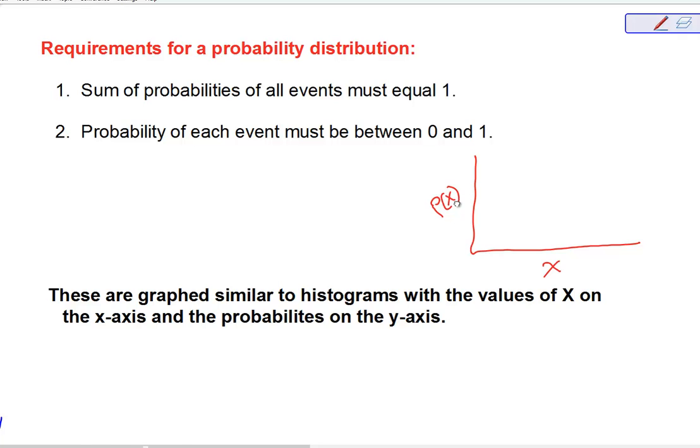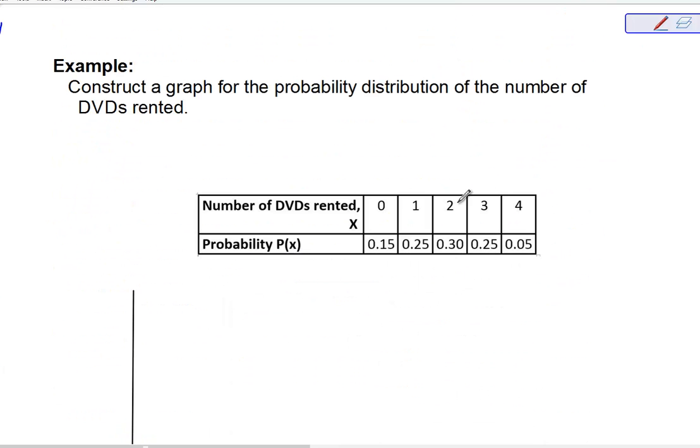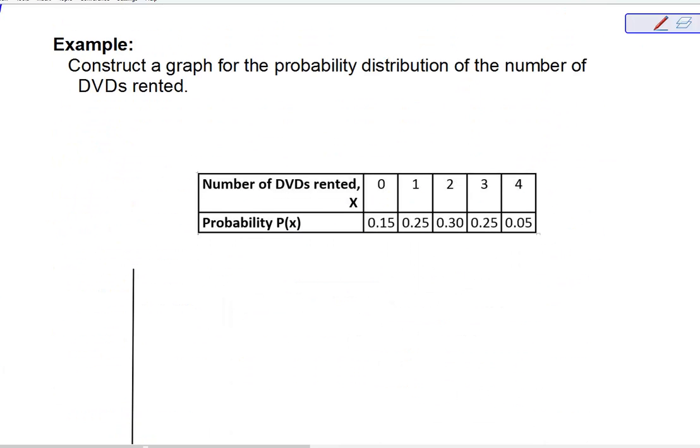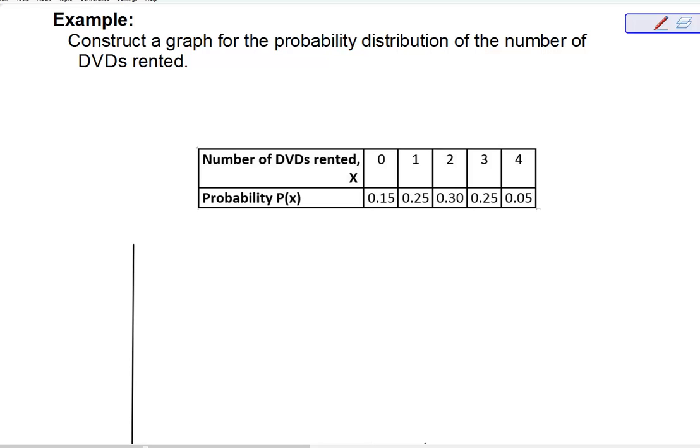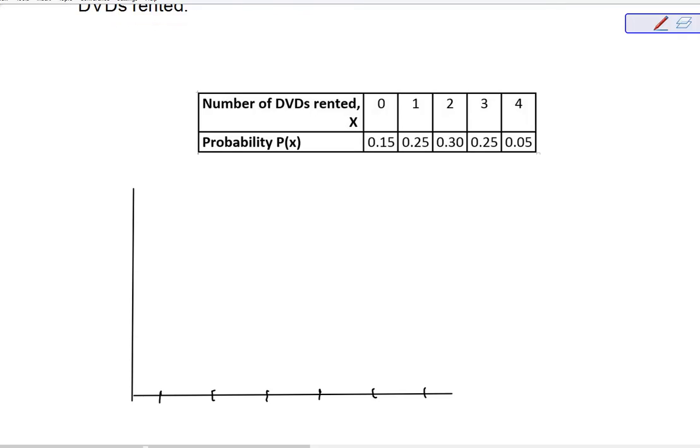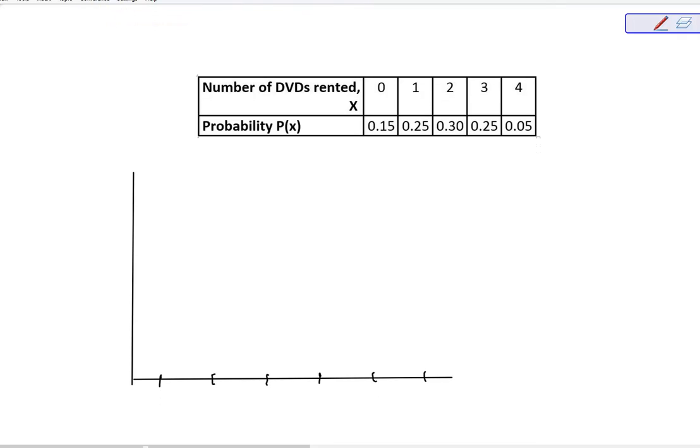Okay? So let's look at this example. We're going to construct a graph for the probability distribution of the number of DVDs rented using the same table that we had before. I've already placed the table, just copied it over. So a person renting 0, 1, 2, 3, or 4.